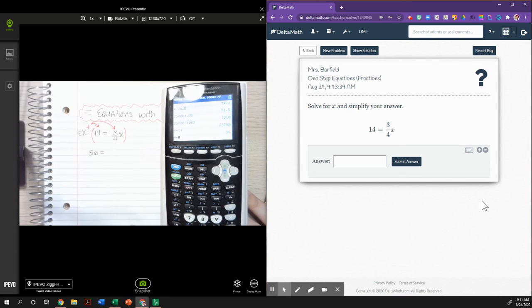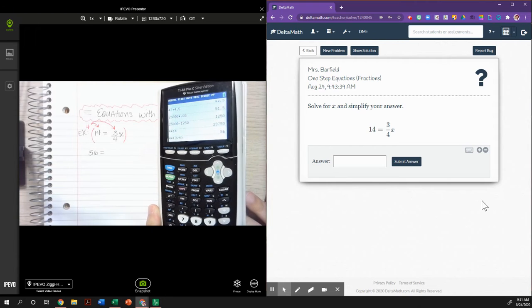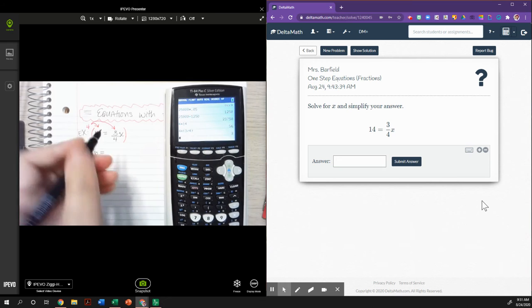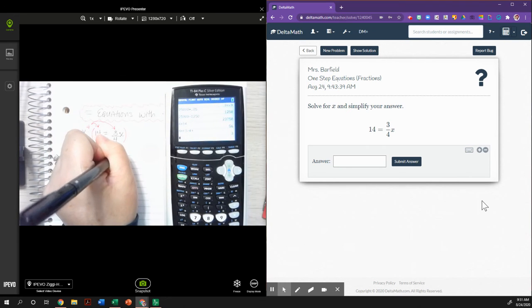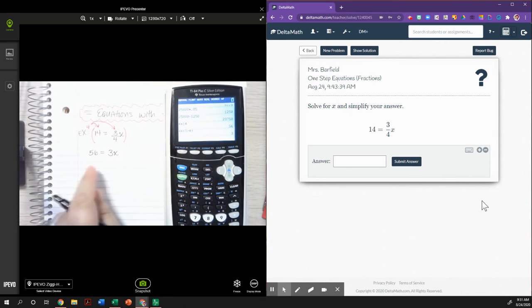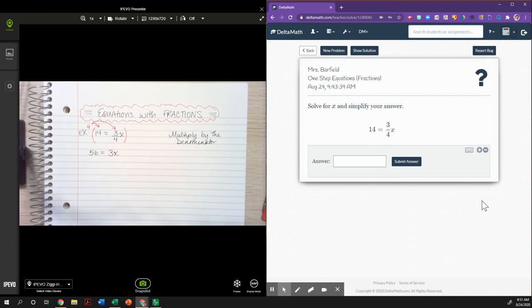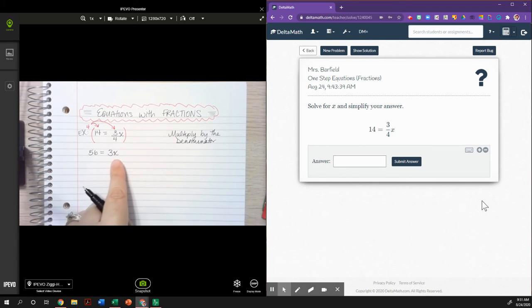Remember, if I'm using a graphing calculator, I'm going to put it in parentheses. I get 3x. This is why I multiply through by the denominator, because now my new equation does not have any fractions in it.